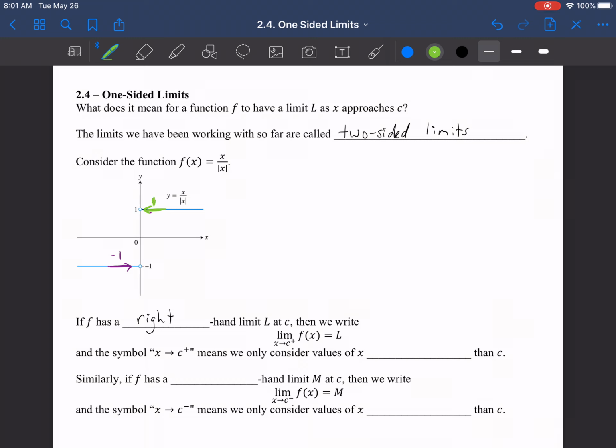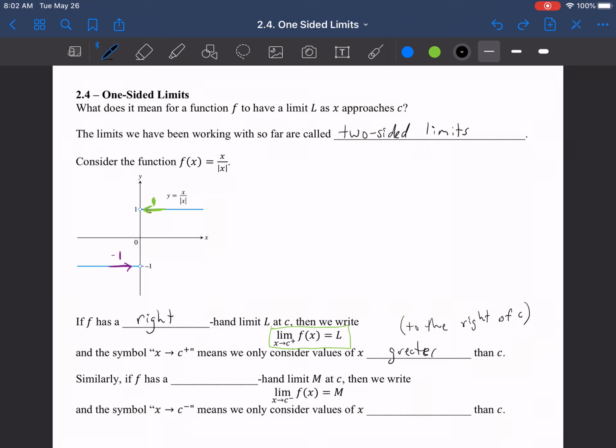And it's going to equal some value L. And the symbol x goes to c plus means we only consider values of x that are to the right of c, greater than c. Everything to the right, so we're looking at all those green values over there.